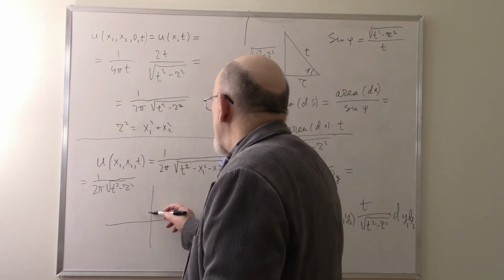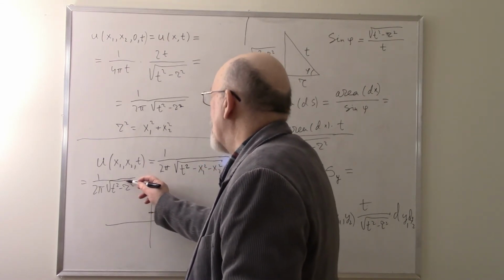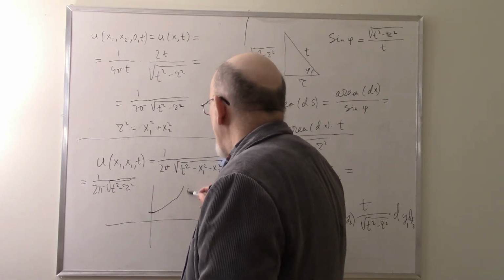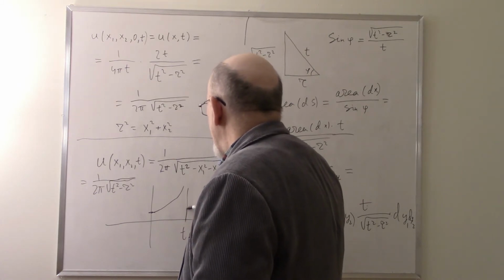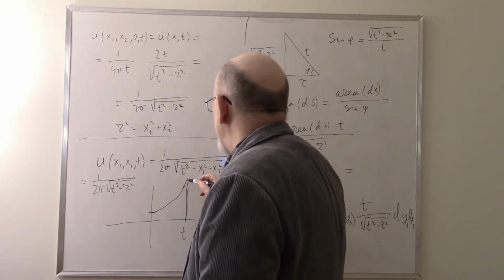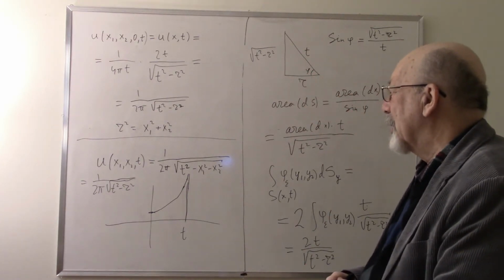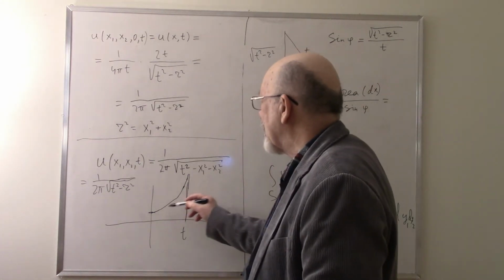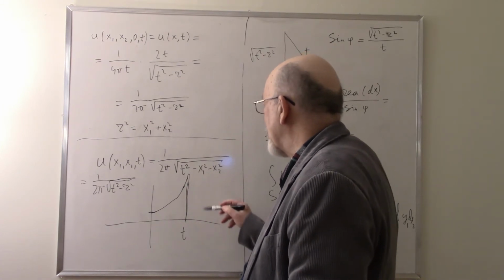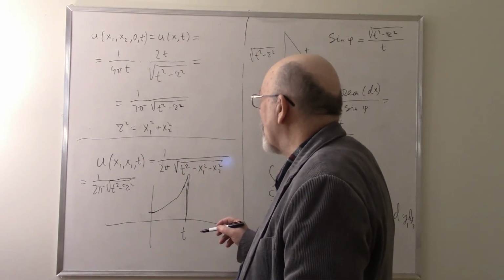And then it grows because the denominator decreases when r grows, and at r equal t the denominator becomes 0, so it goes to infinity, but it is not such a strong singularity because it is just like 1 over square root, so it is integrable. This function is integrable. And what happens if r is more than t?